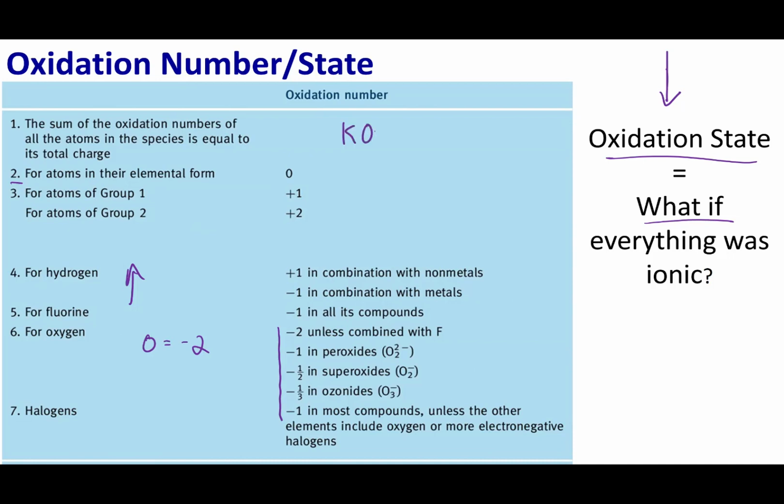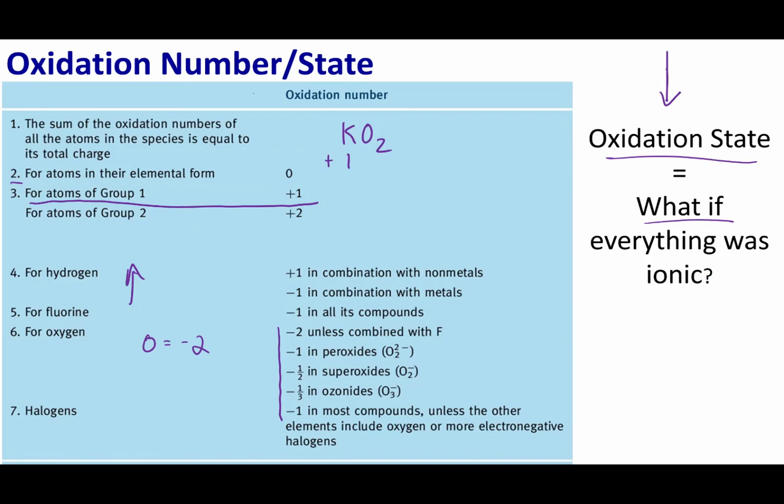Let's look at KO2. The first thing we're going to do is assign the oxidation state of potassium, because potassium has a rule associated with it. It is in group 1, the first column of my periodic table, so it has an oxidation state of +1.